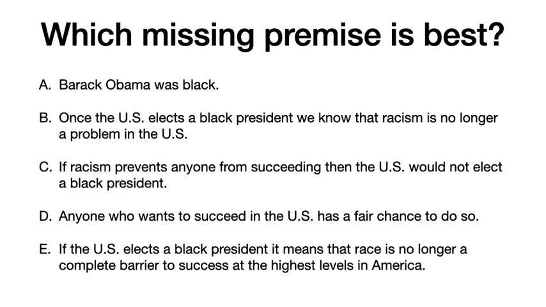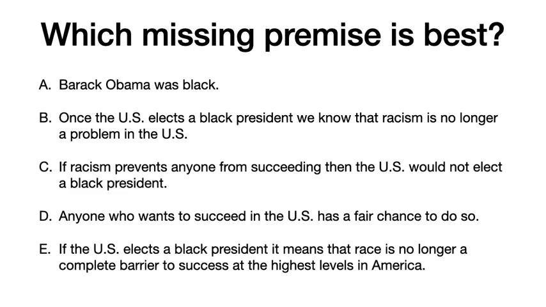And I want you guys to notice something else about E. I actually think E is almost certainly true, as a principle, but E with 1 is not enough to support the conclusion. The conclusion says racism no longer prevents any Americans from succeeding.